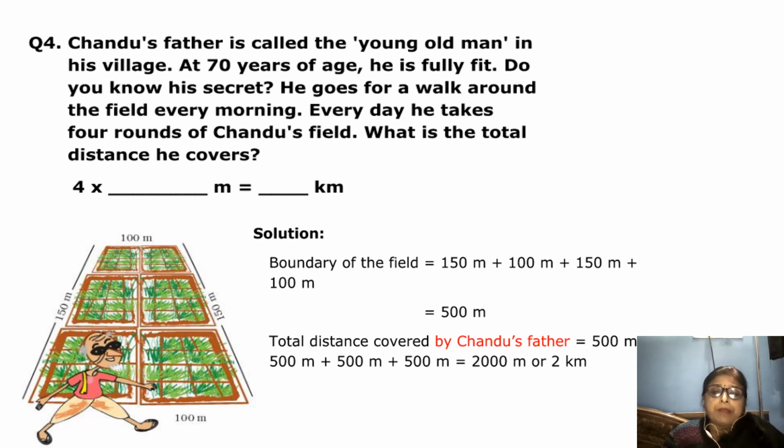So you multiply 500 meter by 4, or you add 500 meter, 500 meter, 500 meter and 500 meter. It means you add 500 meter 4 times, that is equal to 2000 meter or 2 kilometer. So the total distance Chandu's father covers is 2000 meter or 2 kilometer.